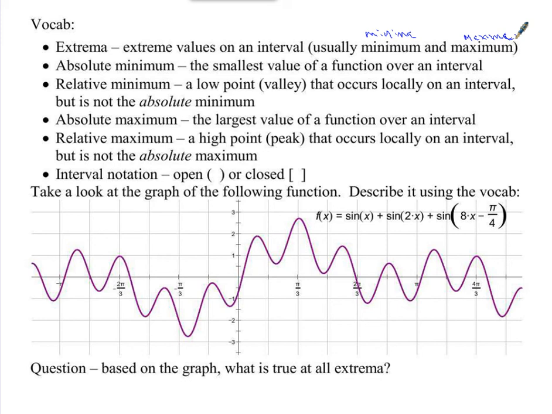So if we take a look at this ridiculous looking graph that we have here, this is the function, incidentally, that makes that graph. Over an interval, so I'm just going to pick an interval here. I'll go from 0, and I'm using these brackets here to indicate that I'm including 0, and I'll go all the way out to pi.